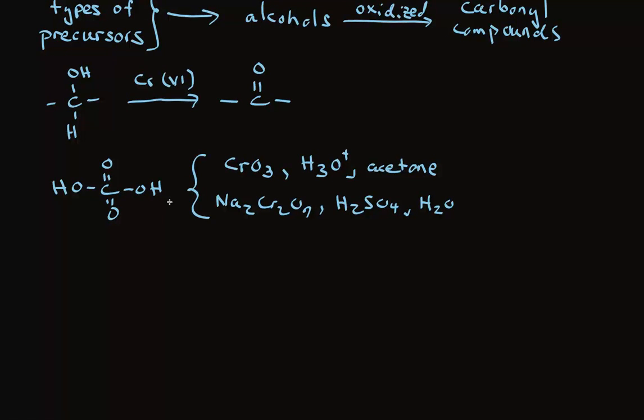And chromic acid oxidizes primary alcohols, which would be RCH2OH, to carboxylic acids.